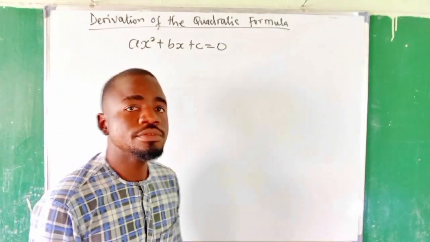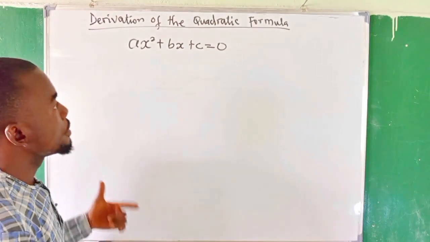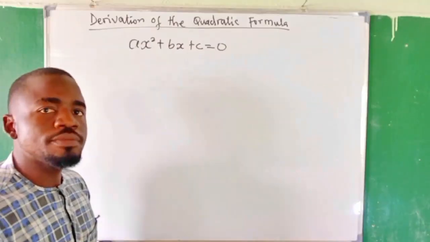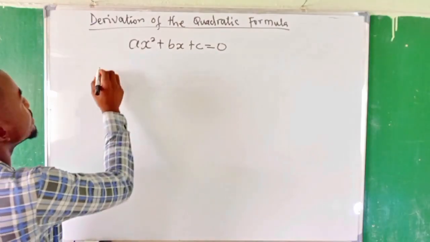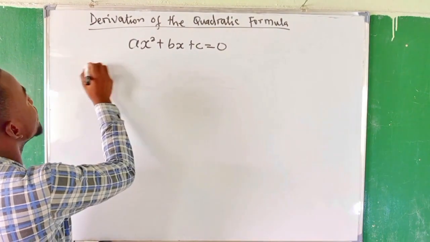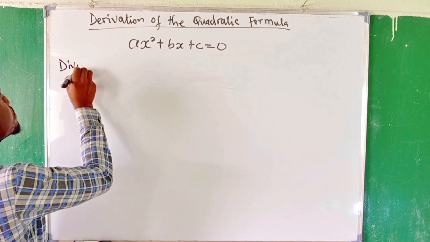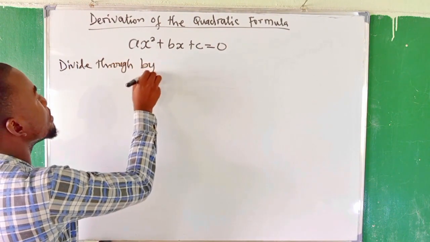Okay, given a quadratic equation in its general form, we take the first step of solving quadratic equation using the completing the square method by dividing all through by the coefficient of x squared, which is a. Now we divide through by a.